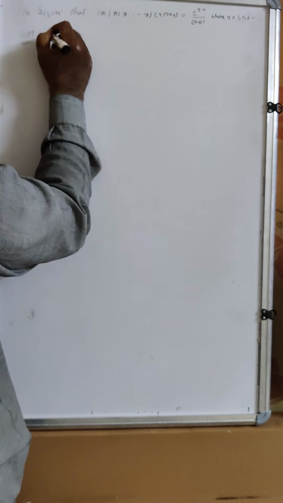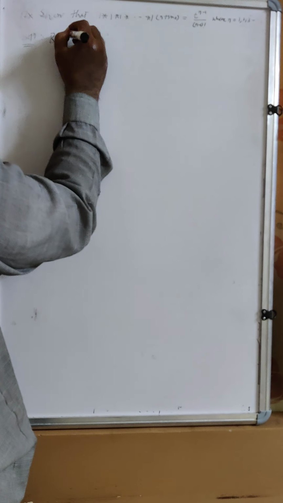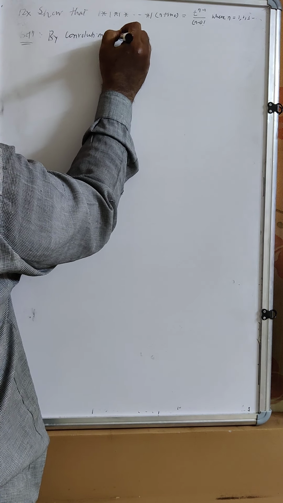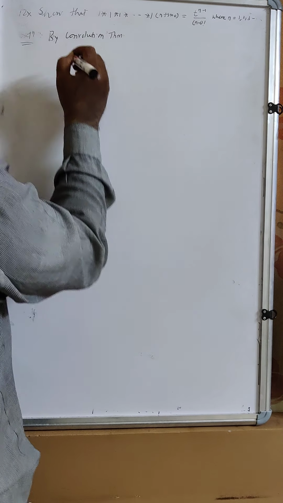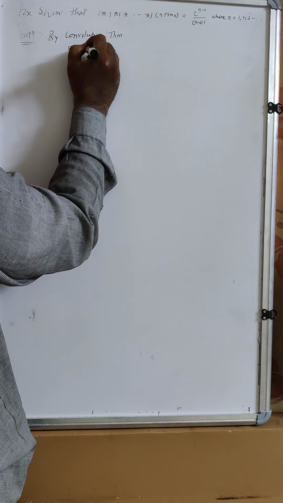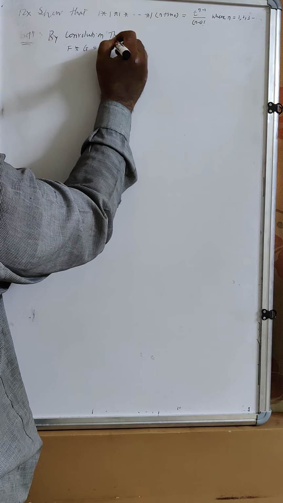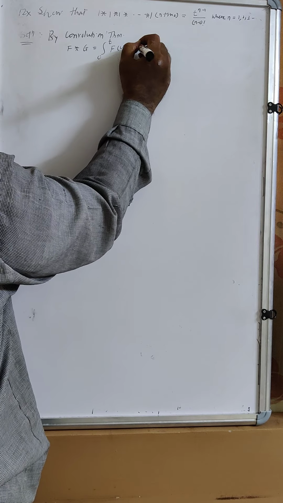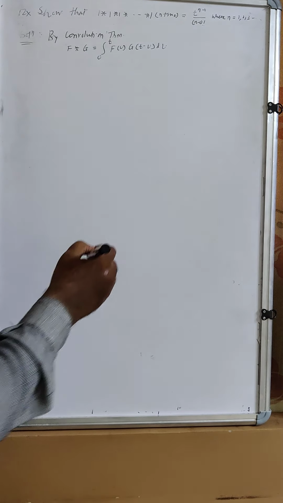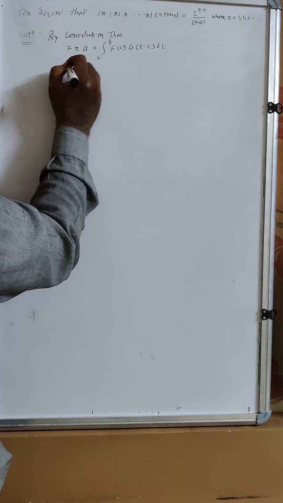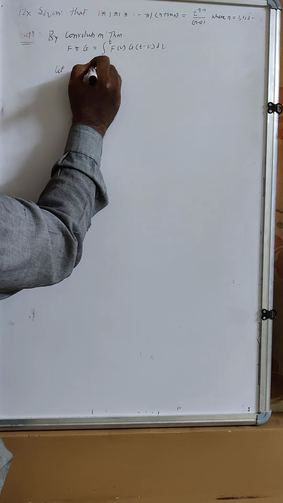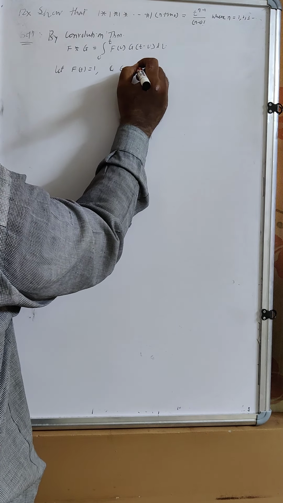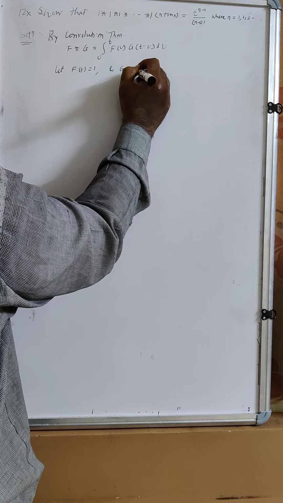By convolution theorem, f star g is equal to integral from 0 to t of f(u) g(t minus u) du. Let f(t) is equal to 1 and g(t) is equal to 1. Therefore, naturally g(t minus u) is equal to 1.